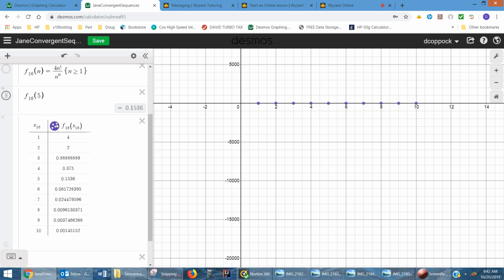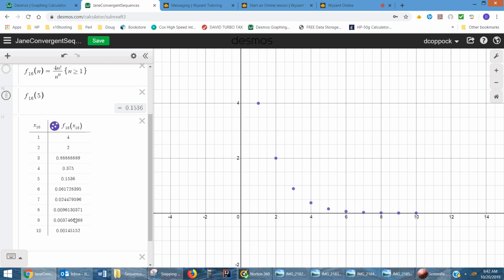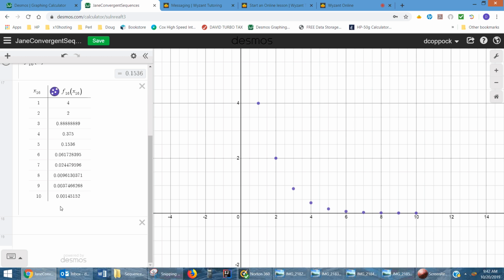Here's the definition. I'll bring these terms into focus, and we can see that as n is getting bigger and bigger, these dots are getting closer and closer to 0. As a matter of fact, the 10th term of the sequence gives us a value of 0.00145.